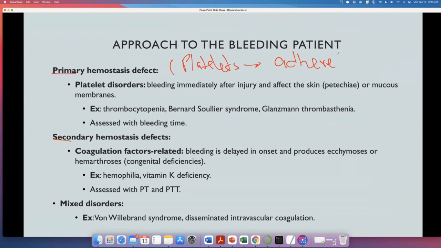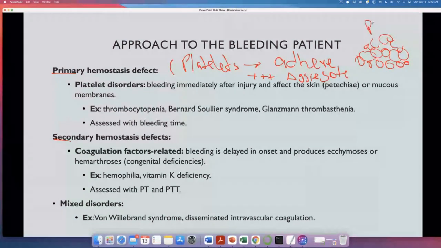They are going to release different signals like serotonin, ADP, that will attract more platelets that will aggregate to those that were previously there. Say you have these platelets getting there first, and then they're going to attract more and more and more and more, forming a plug. That is the primary hemostasis.